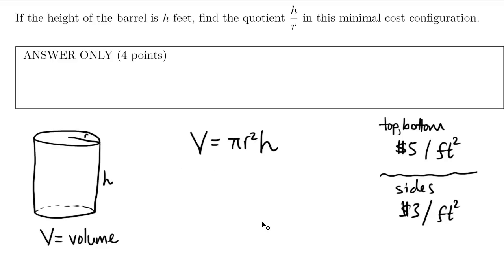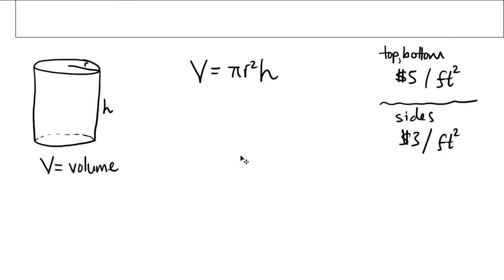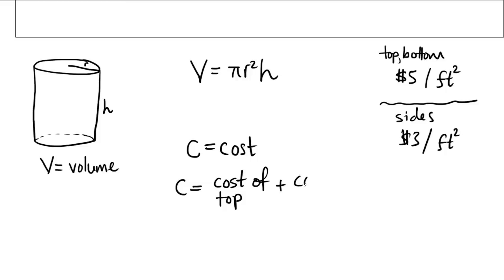So let's write a formula for the total cost. Wouldn't you agree that the cost is going to be split into pieces? Let's say we'll split it into 3 components: the cost of the top, the cost of the bottom, and the cost of the sides.